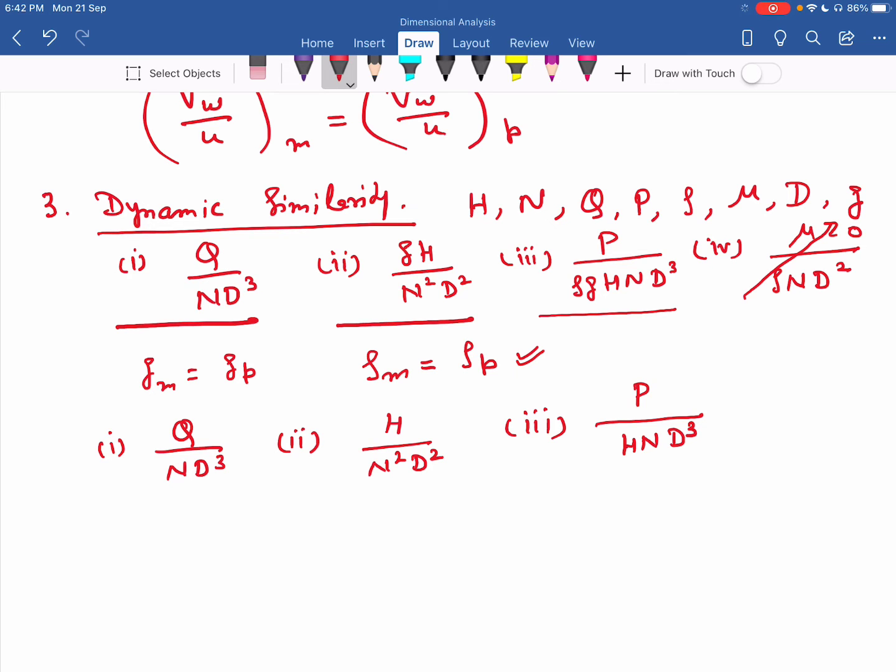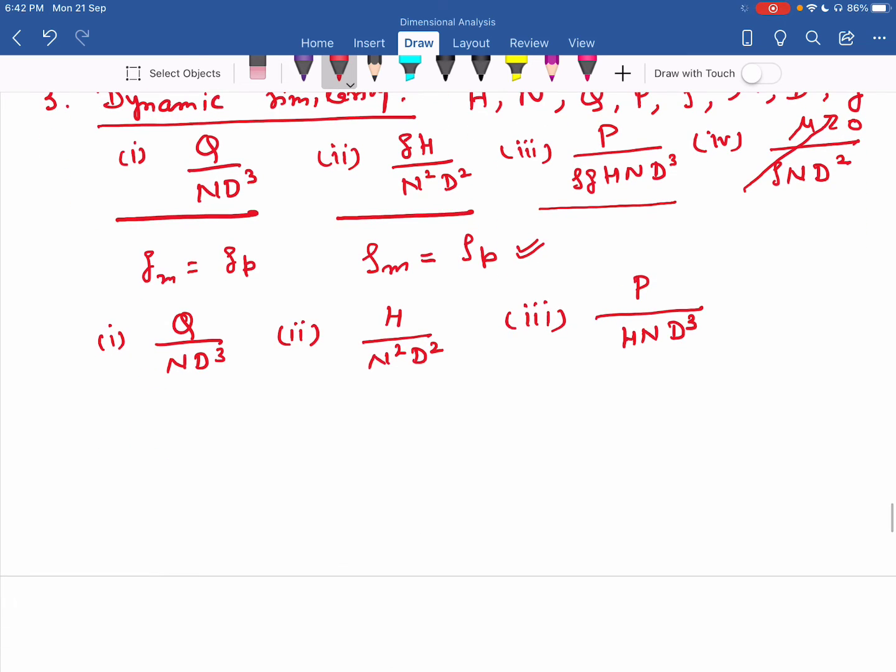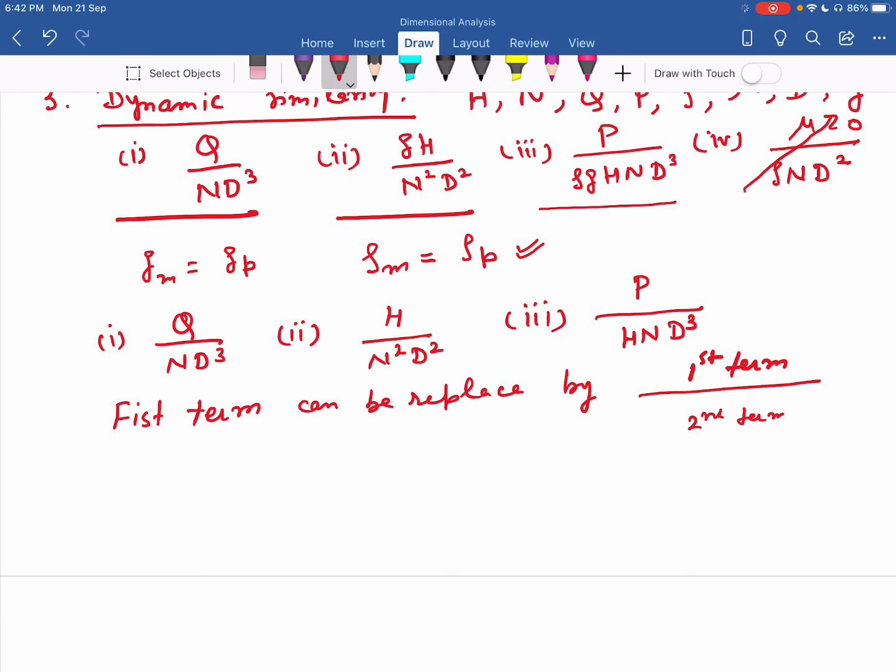Okay, now further, we use some alterations. The first term we can replace by the first term divided by under root of the second term.